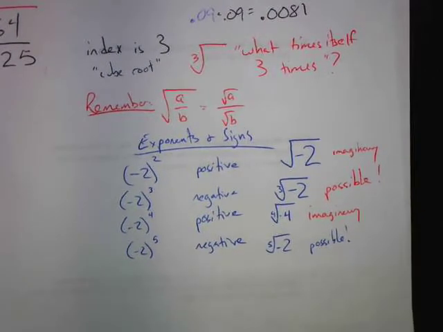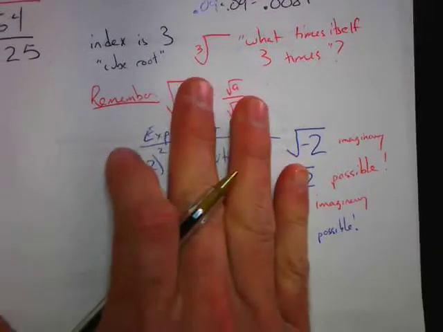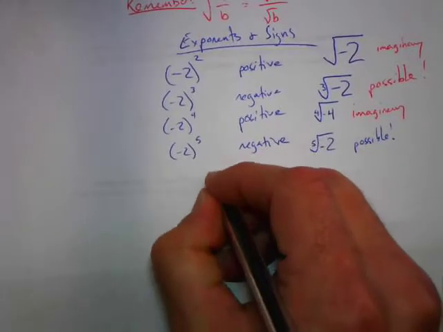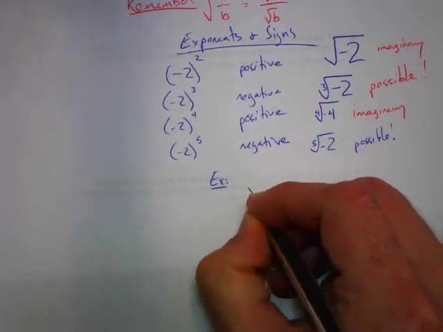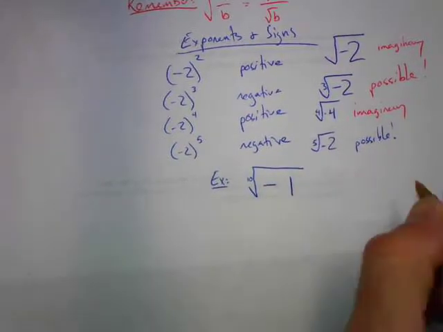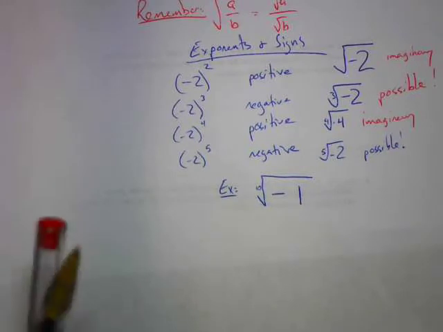And the best way to demonstrate that is with ones. Ones are fun to work with. So, another quick refresher, two more mini examples. What is the 10th root of negative 1? That means what number times itself 10 times gives you negative 1? Impossible. There's no such thing. It's imaginary.